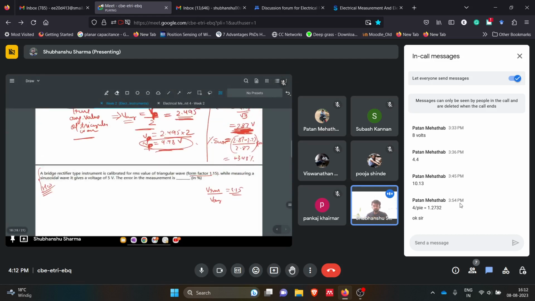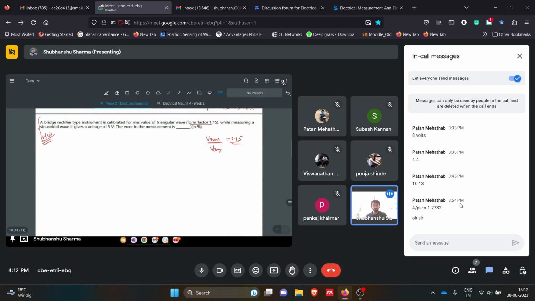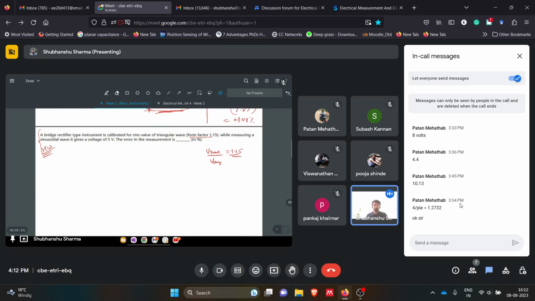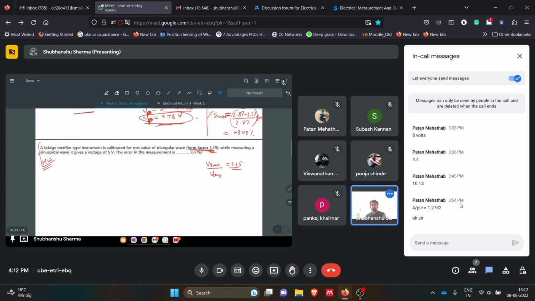But what I told you uses more basic ideas. If you get good at this, you can go directly with the help of form factor. But you should first be clear with the basic thing, and then you can directly apply the form factor and easily solve these types of questions.